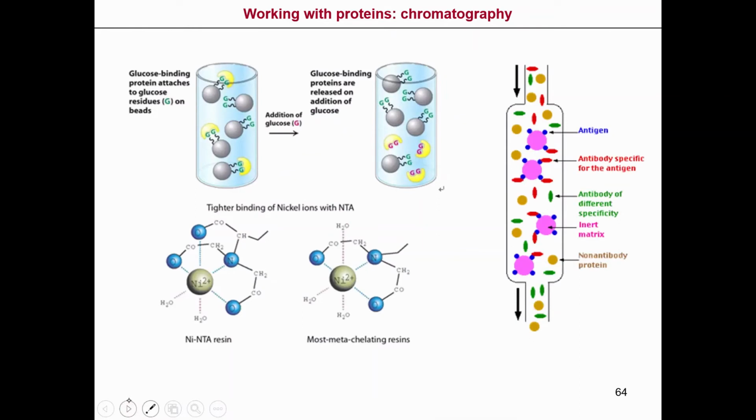The next chromatography is affinity chromatography. In the beads, you will put a small molecule that you know will interact with your protein of interest. For example, you want to purify a glucose binding protein.